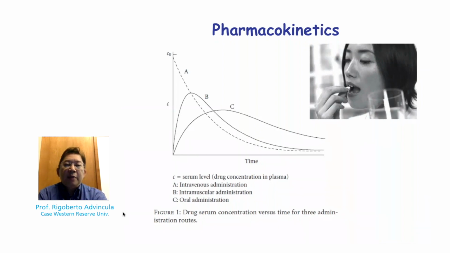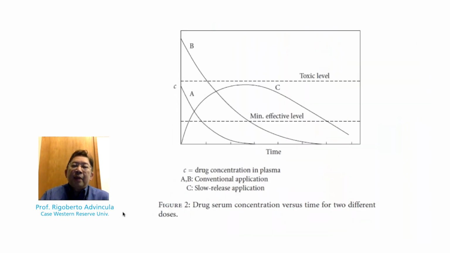And depending on the administration, whether it's intravenous, intramuscular, or oral, you can see that the time of administration plays an important role in its release profile or kinetic or efficacy profile. So what we want to do is to hit the right spot as far as pharmacokinetics, in that we want to control the difference between a conventional application and a slow release application.